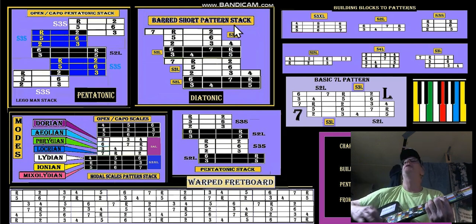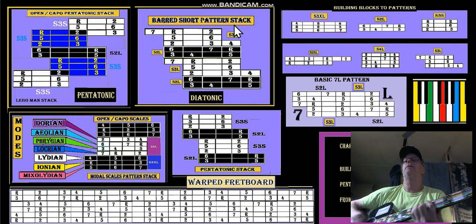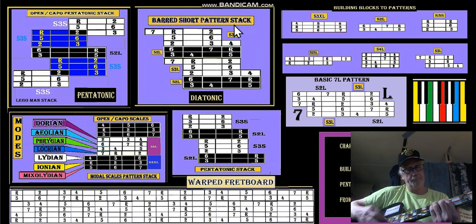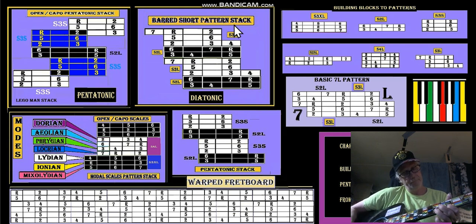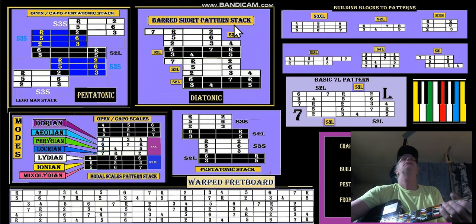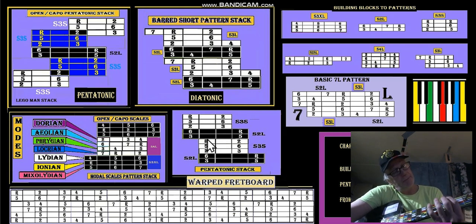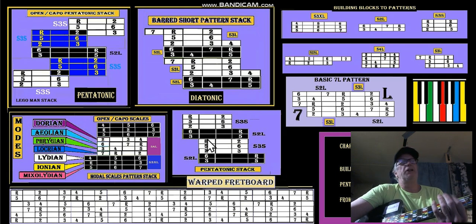So if you're playing something on the bar, what I just did right there was I started the pattern in pentatonic. I started it from the R. The R happened to be my F, which is really a D flat.